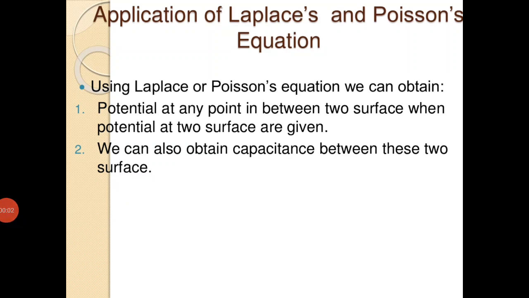Hello students, in the previous lectures we have seen Poisson's equation and Laplace equation, and we have derived them. We have also seen the Laplace equation in all the coordinate systems, that is the Cartesian, cylindrical and spherical coordinate systems.